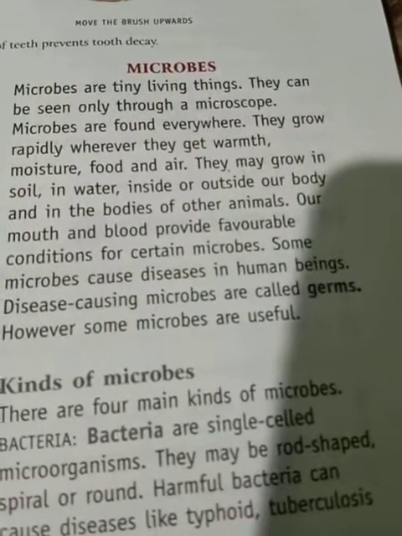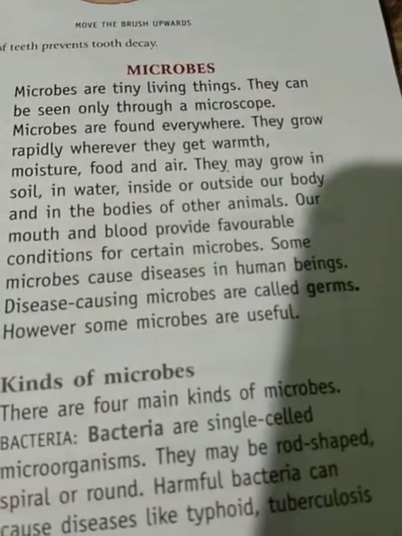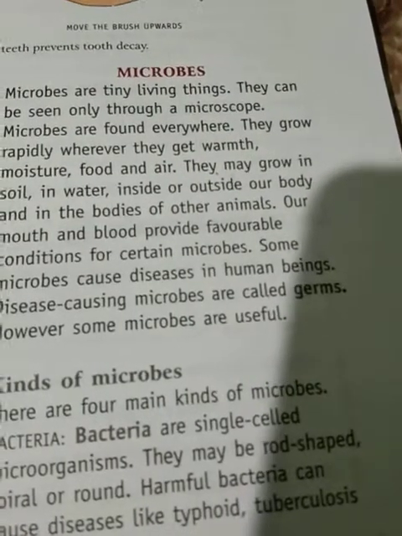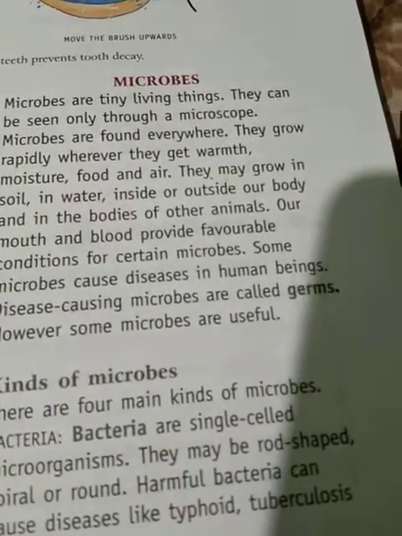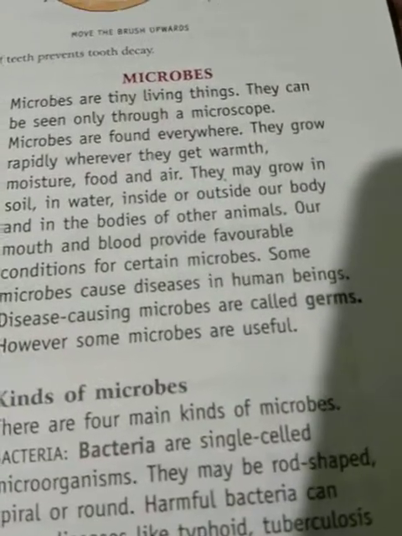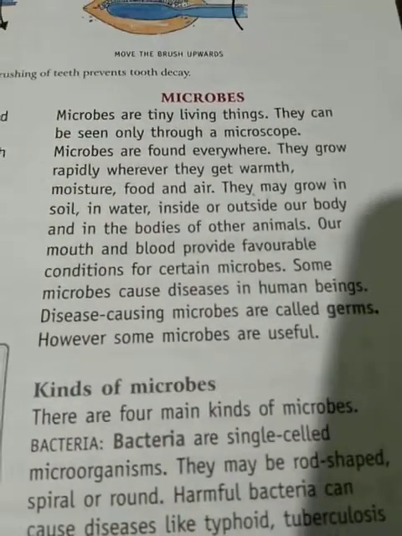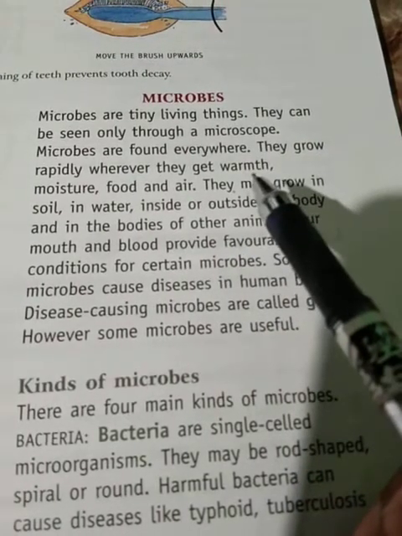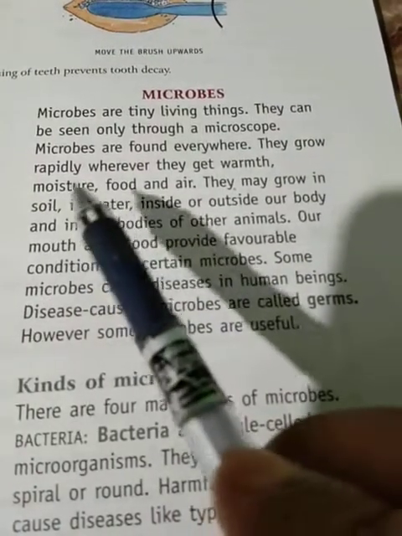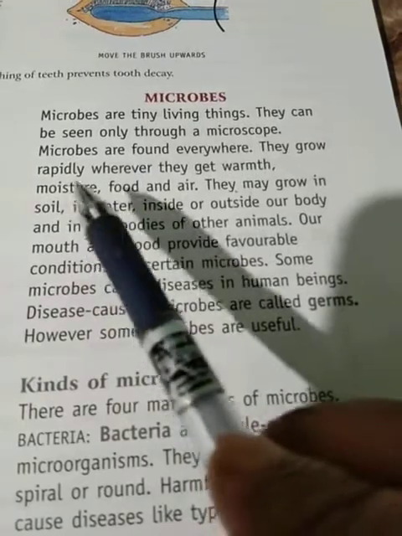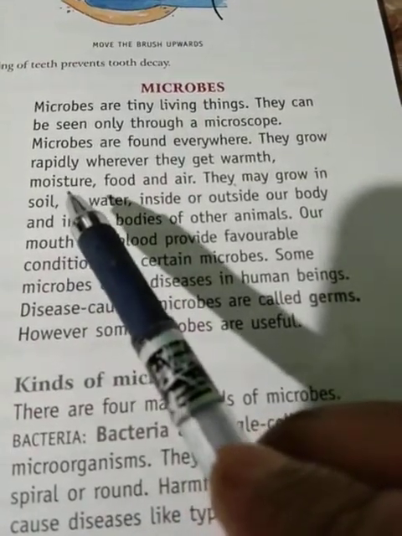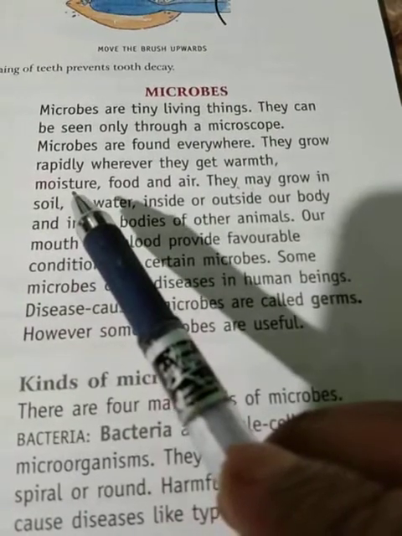How? Inside our mouth or inside our blood vessels, they feel some kind of warmth. First of all, the first condition is fulfilled for them. Then they will also get moisture. Liquid, that means water, they will get in both blood as well as inside our mouth.